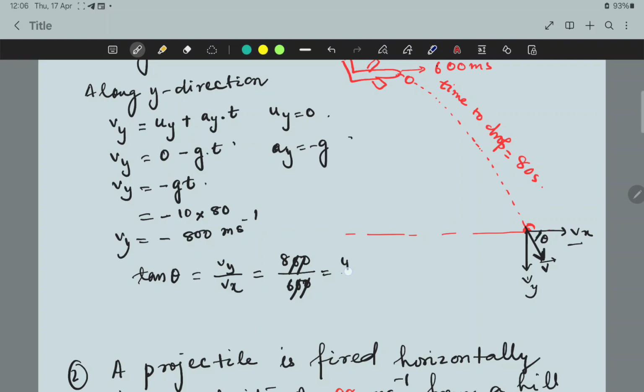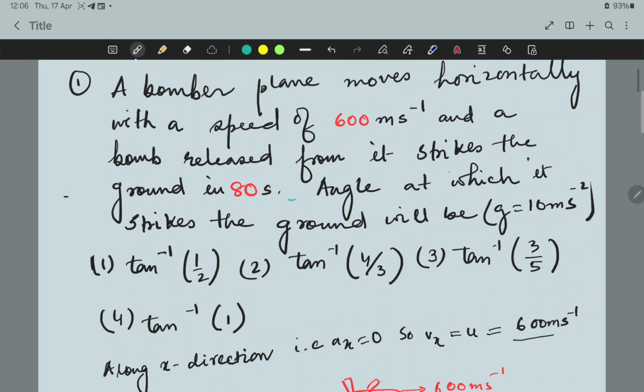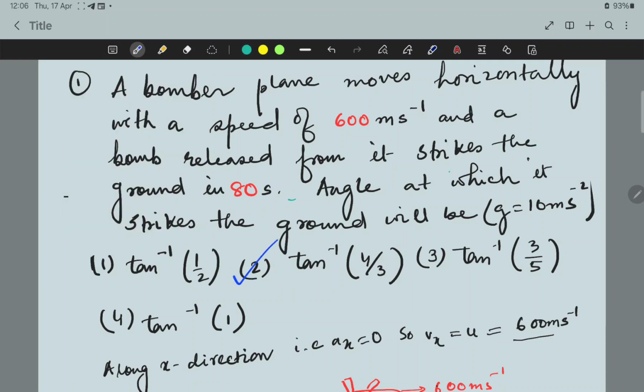So that gives us 4 by 3. Therefore theta, the desired angle which is asked in the question, is equal to tan inverse of 4 by 3. So we can see that the correct option is over here, option 2.